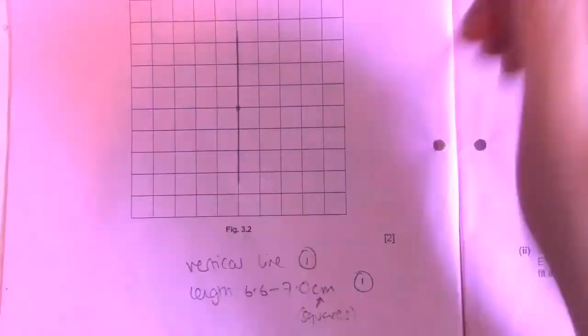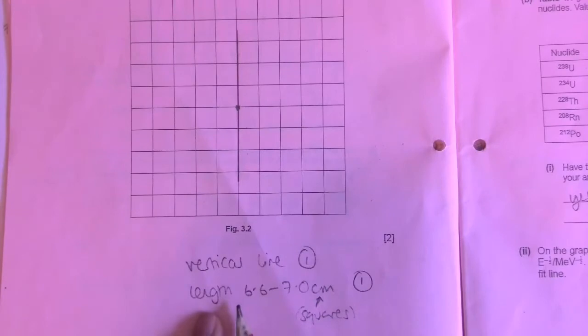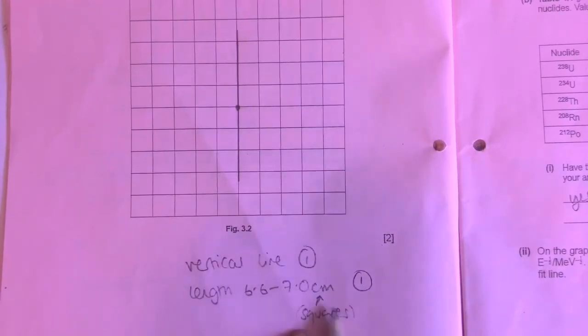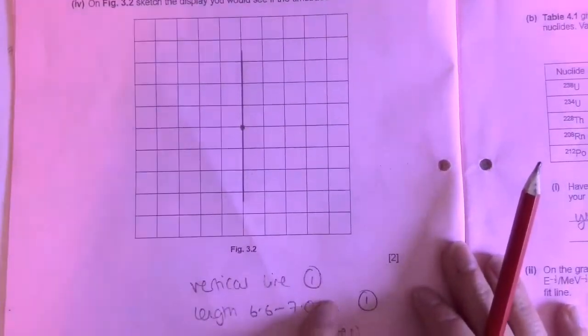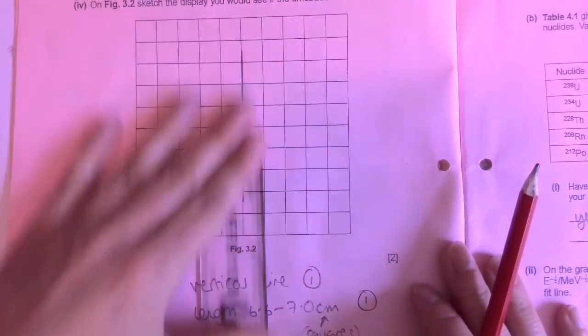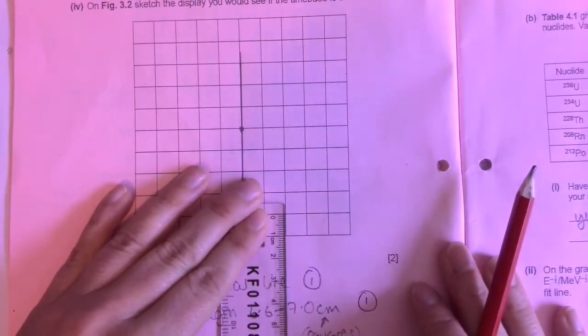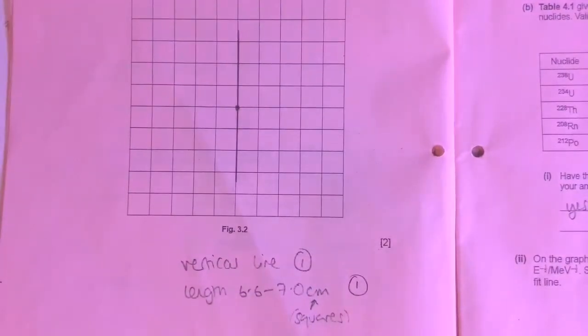The mark scheme had said 1 mark for having a vertical line, the second mark for matching the amplitude really, which was 6.6 to 7 centimeters. Because this is a scanned in version I'm using, this probably isn't actually a centimeter anymore. So for mine, oh, it is actually a centimeter. I was going to say for mine, as long as it matches the number of squares, we'll be fine.